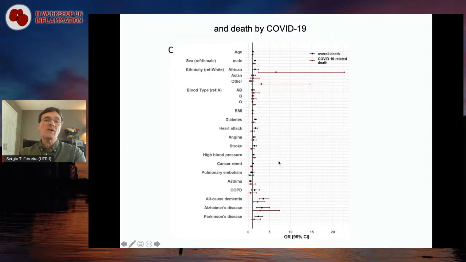Now, what we're doing now, of course, is trying to determine why this takes place. Why is it that dementia or Alzheimer's disease in particular confer increased susceptibility to the aggravation of health by COVID-19? And to answer this question, we are now conducting a genome-wide association study, a targeted version of that.